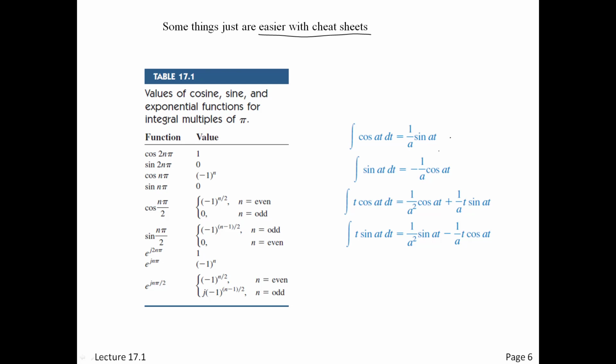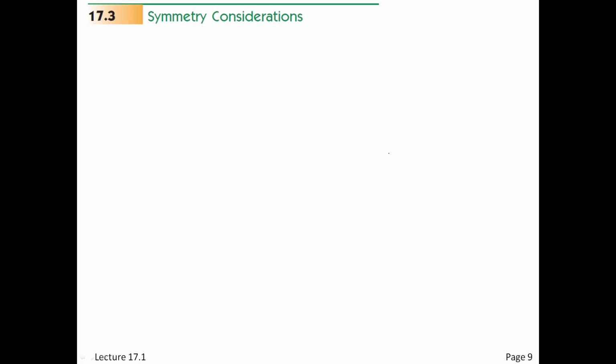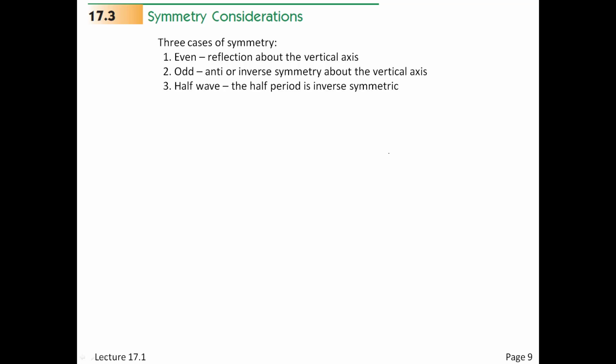Good to do. All right, I want to move ahead now to another important aspect, which is symmetry. The thing about periodic functions is if you can spot any patterns or regularities in them, it makes it easier to model and easier to extract what the important components are. Symmetry is one of the main things we look for. There are 3 cases of symmetry that we're going to consider.